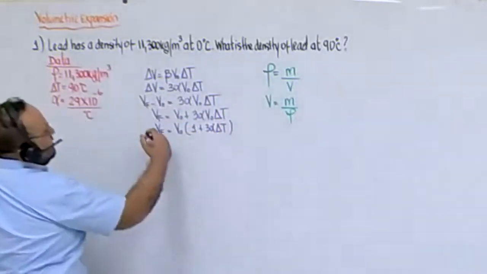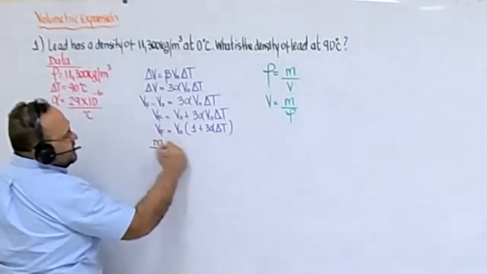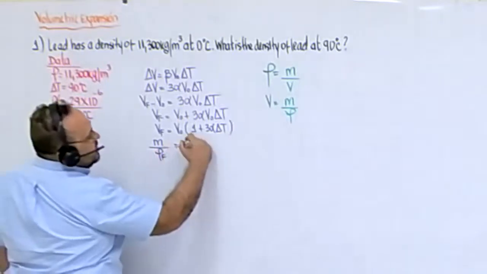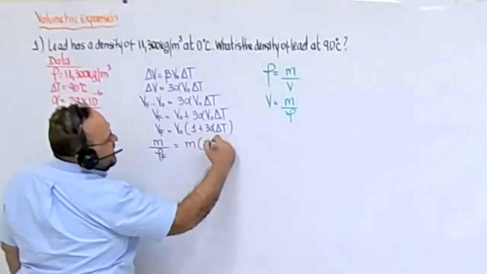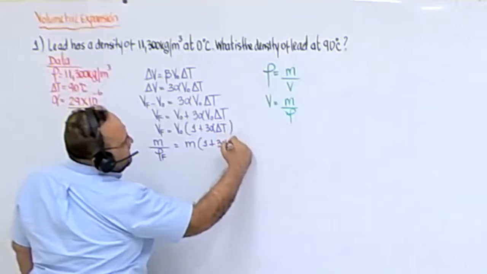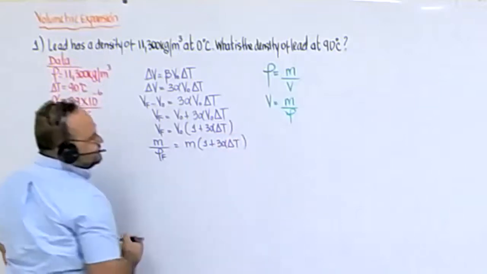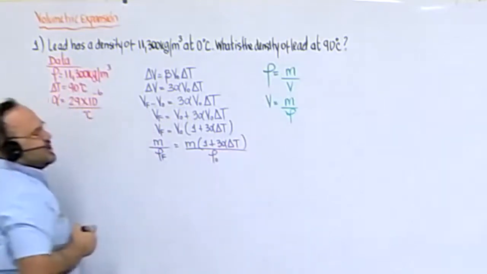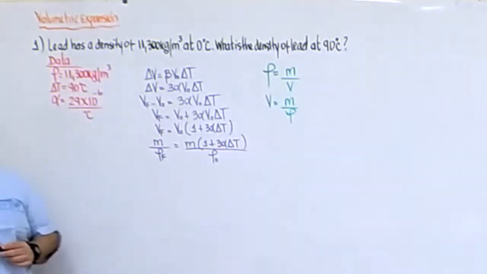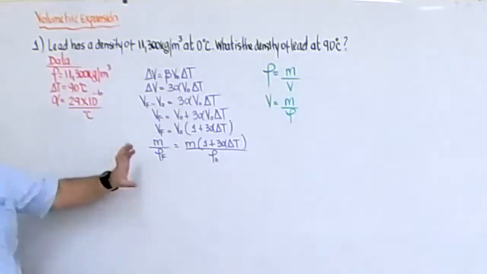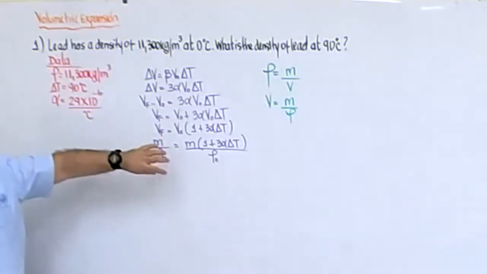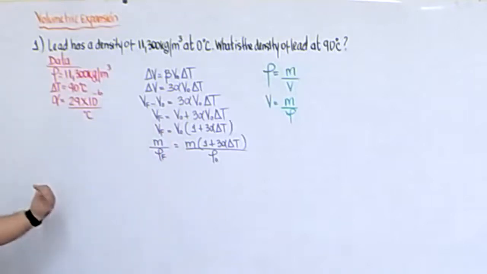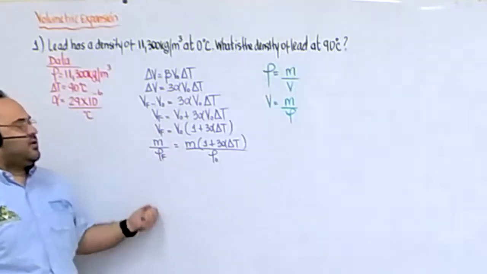For that reason, we're going to get mass divided by final density equals mass multiplied by (1 plus 3 times alpha delta T) divided by initial density. Because we have a proportion, we can apply the reciprocal on both sides, which will be easier when we want to solve the proportion.